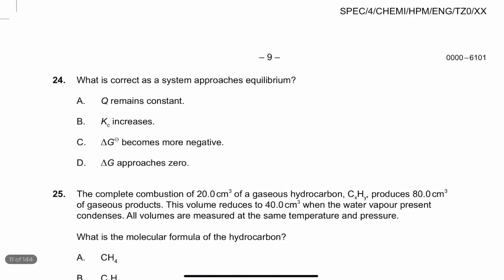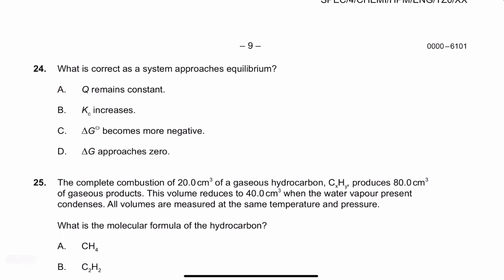Okay, pretty easy. 24. What is correct as a system approaches equilibrium? Good question. We know that A is just blatantly false. Our reaction quotient is not going to remain constant. Our Kc increases? No, there's no reason to say it would increase. It's just approaching our equilibrium constant.